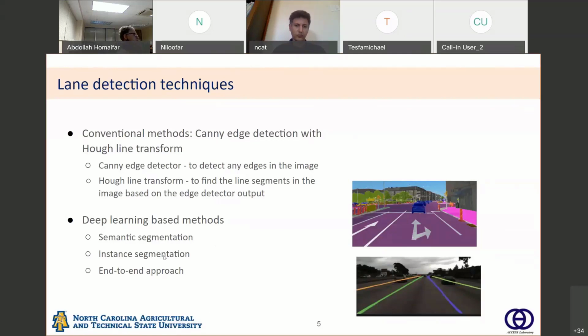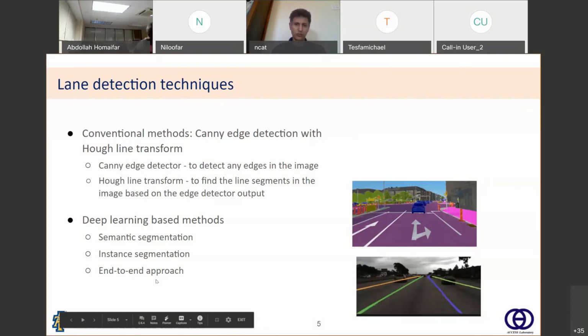Instance segmentation is almost similar to semantic segmentation, except that in this case it gives you each instance of a lane. For example, in the second picture, colored in orange, green, and purple, those are instances of the lane boundaries. And there's also an end-to-end approach.